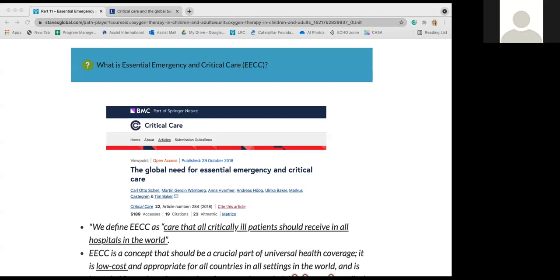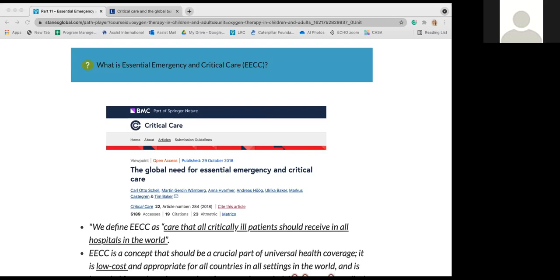And those have two parts. They should be low cost and they should be able to do identification of critically ill patients and be ready to manage essential critical conditions. So two things: identification of critically ill patients, but also providing adequate care for common critical conditions.